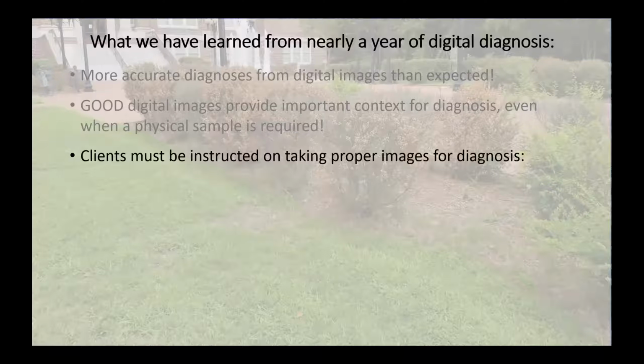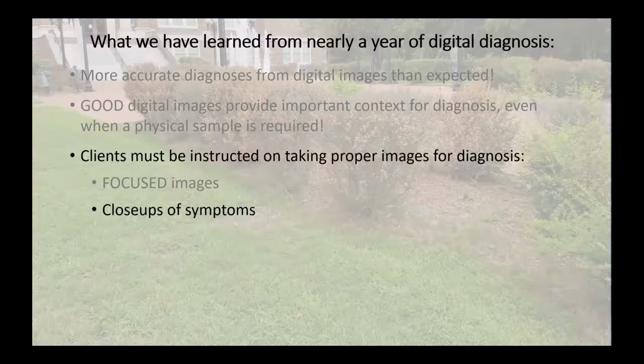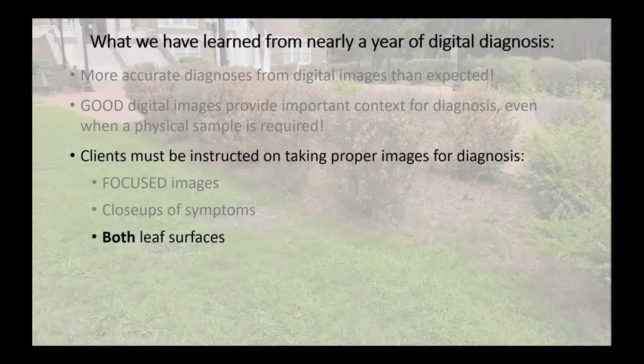But we also realize that clients really need instructions on taking proper images for diagnosis. One thing is the images need to be focused, which is pretty obvious, but it wasn't always the case that we would get focused images. And we need good close-ups of the symptoms, but that's not all.